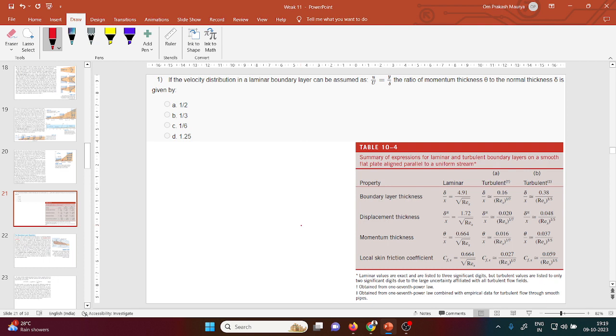Here it is asking the ratio of theta, that is the momentum thickness, and delta. So the formula of theta you know already. You just solve and tell me the answer of this question.